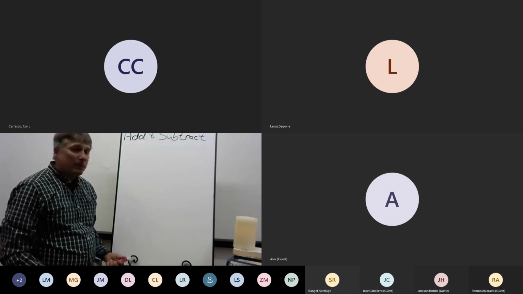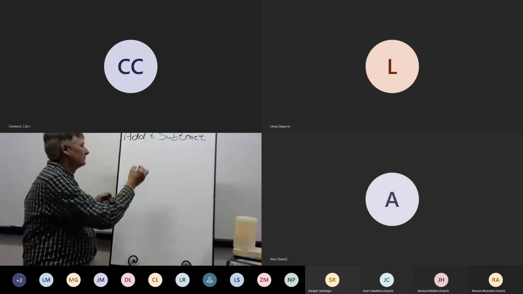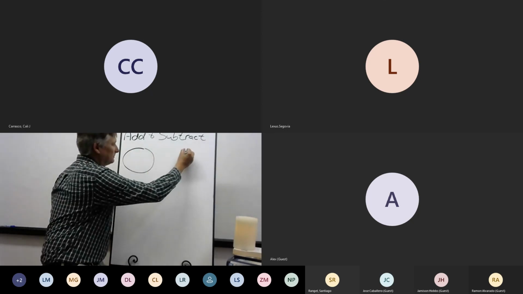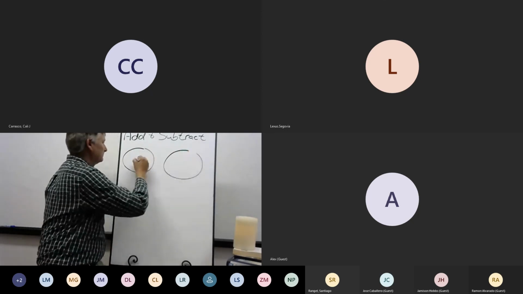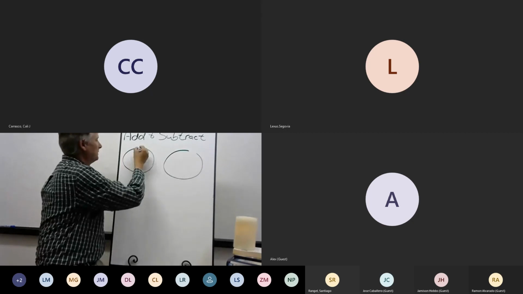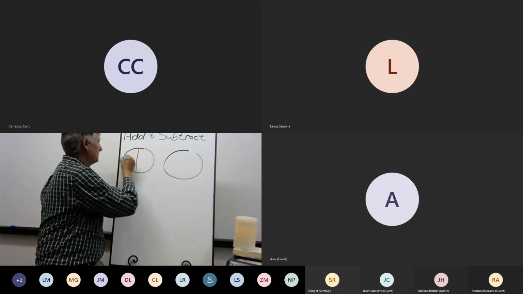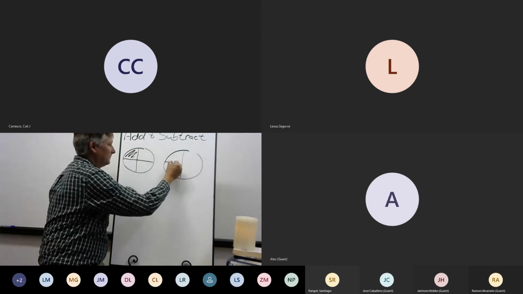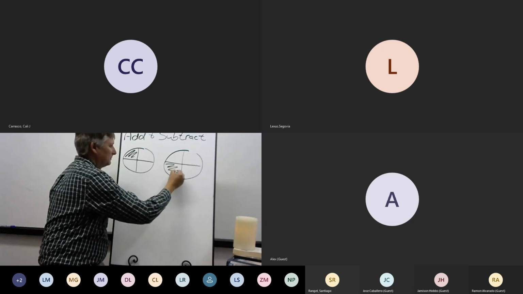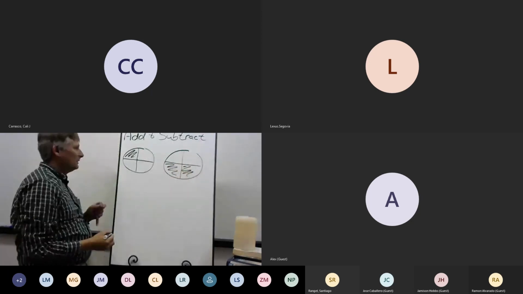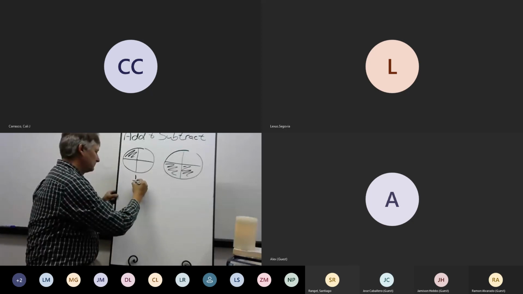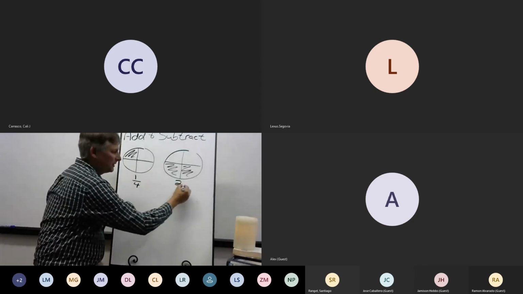Now, the way we add and subtract fractions, let's say we have pizzas. So we have 1 slice out of 4. Here we have 2 slices out of 4.